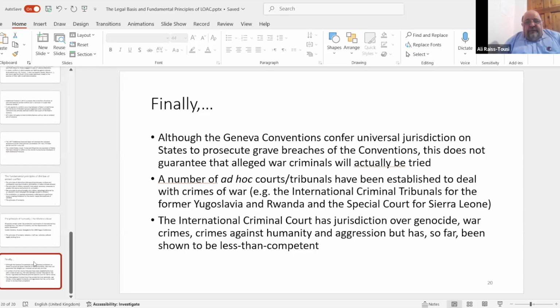We also have a permanent International Criminal Court with jurisdiction over war crimes, in addition to other crimes. But the ICC itself, over the past 20 plus years, has shown itself to be, to put it diplomatically, less than competent. So the rules are there, the rules exist.